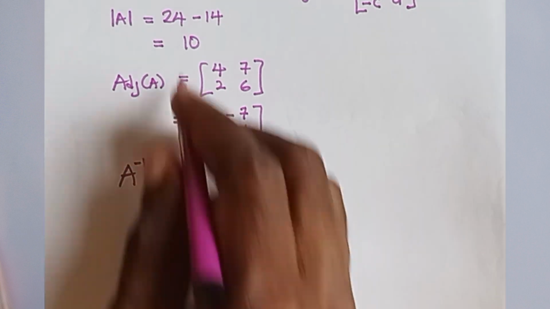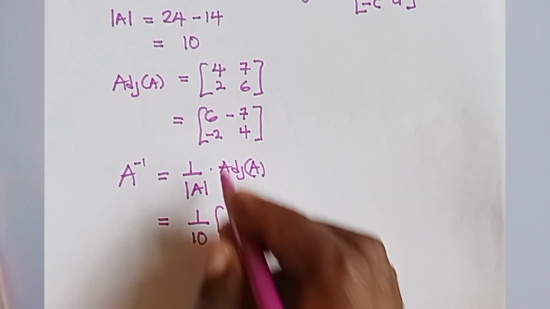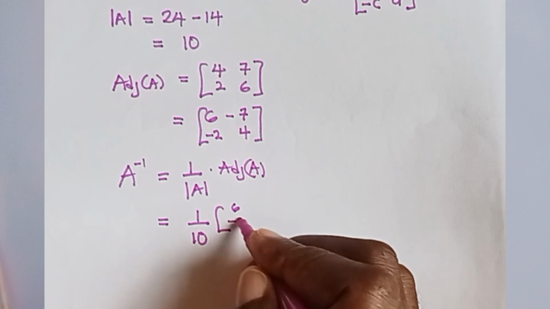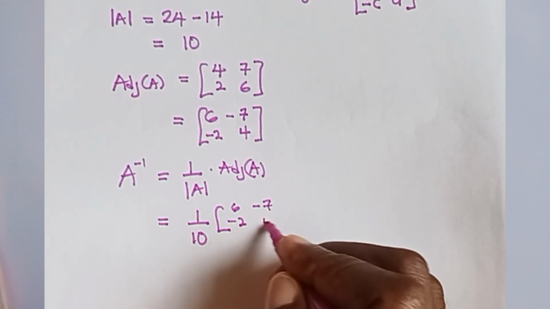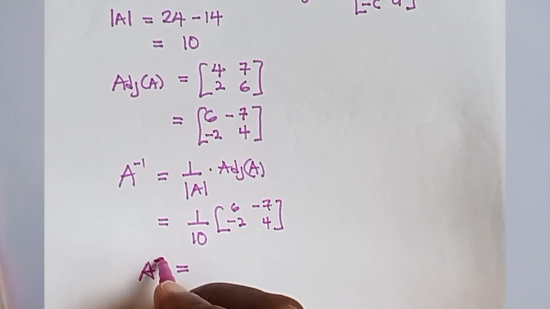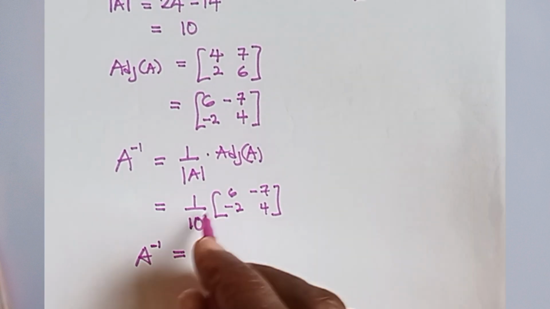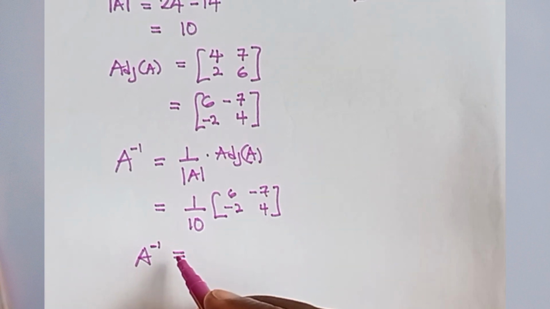Our determinant is 10. Then we have the adjoint of A to be 6, minus 7, minus 2, 4. We can actually put this in decimal. We multiply each of these by 1 over 10.